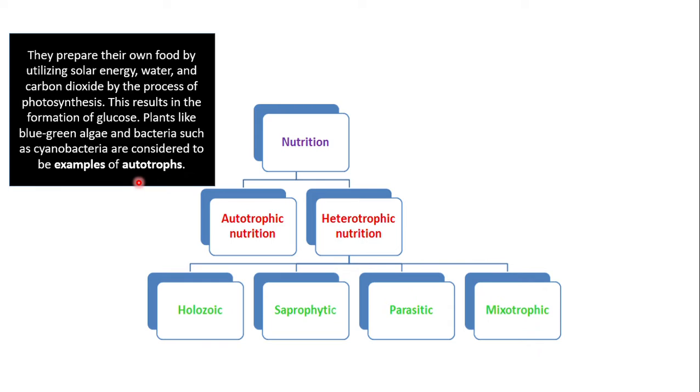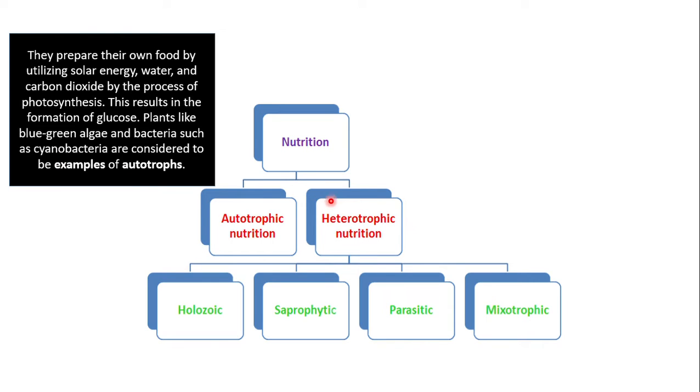We know that these are not plants, but we are telling plants because they prepare their own food, right? But these blue-green algae and bacteria such as cyanobacteria don't release oxygen.